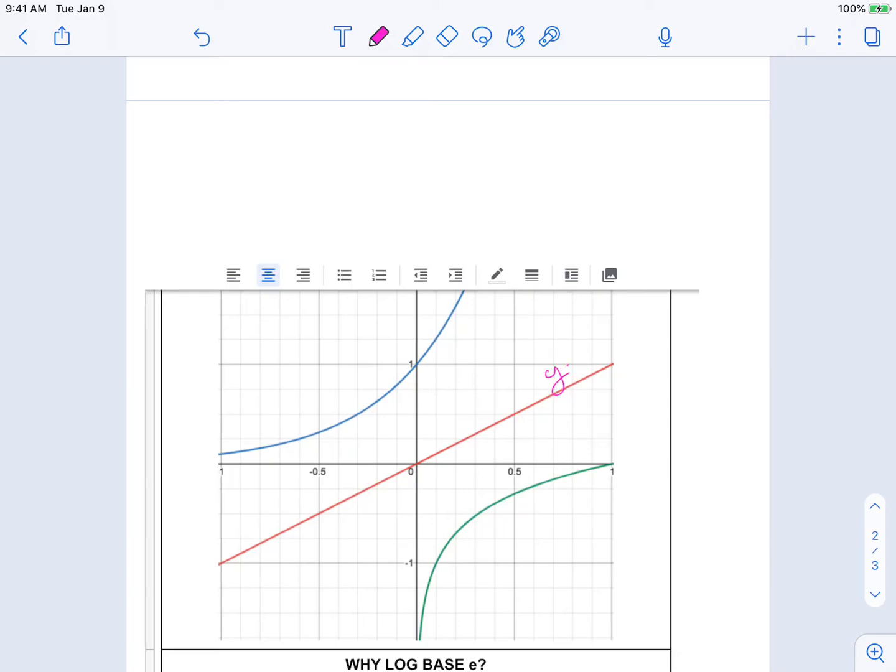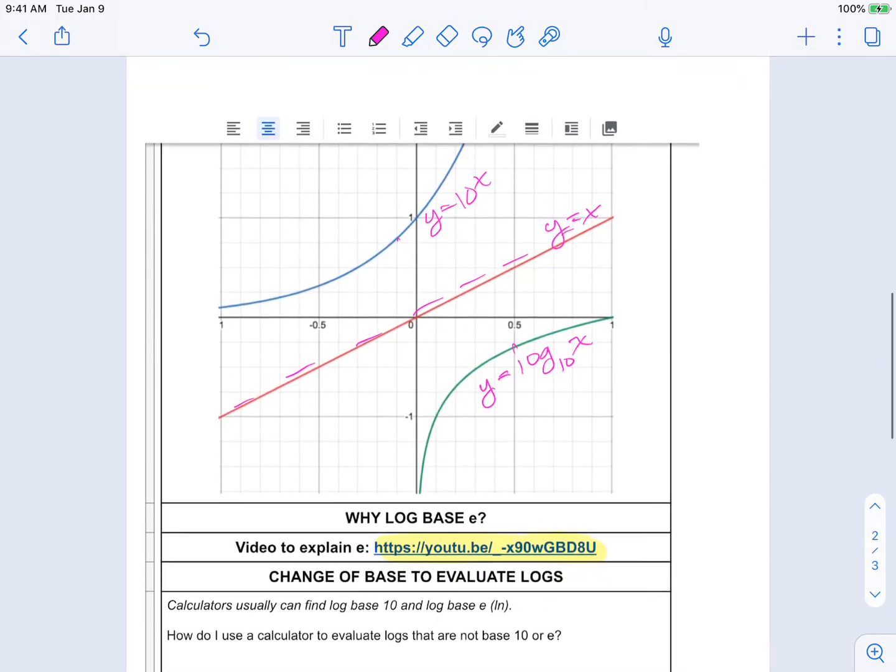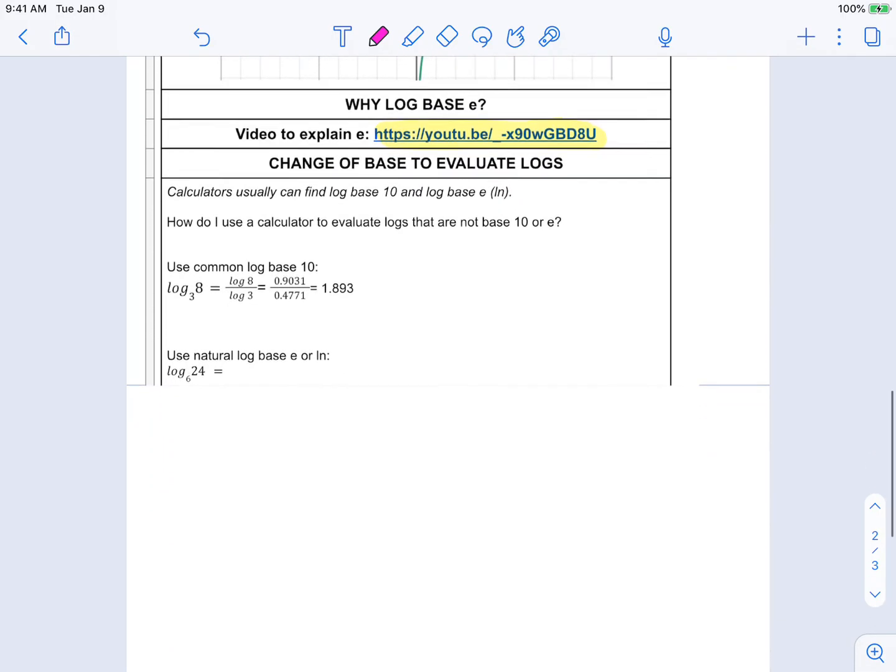This is my y equals x, this is going to be my y equals 10 to the x, and this is going to be my y equals log base 10 of x. So when I graph these, this is what I get. If I fold it along this line right here, these should be lining up.